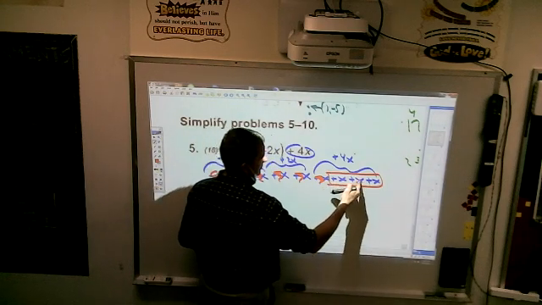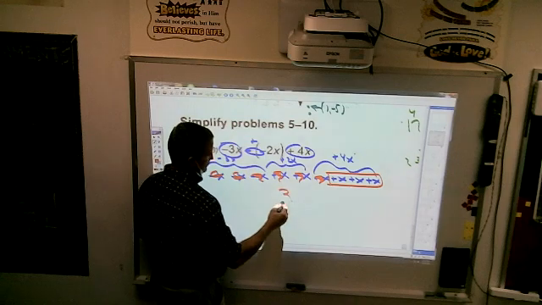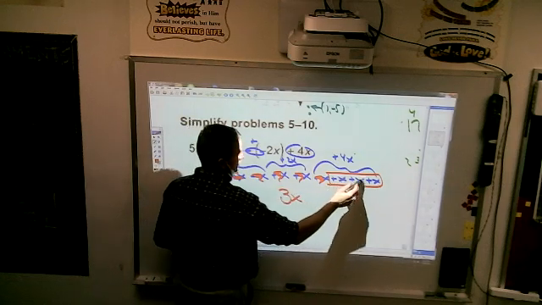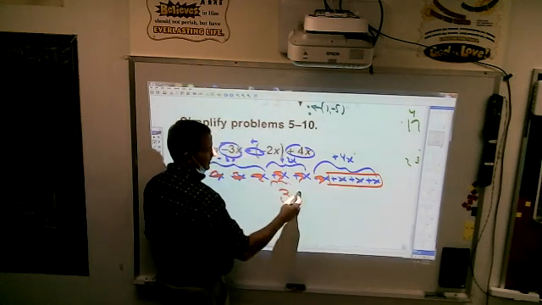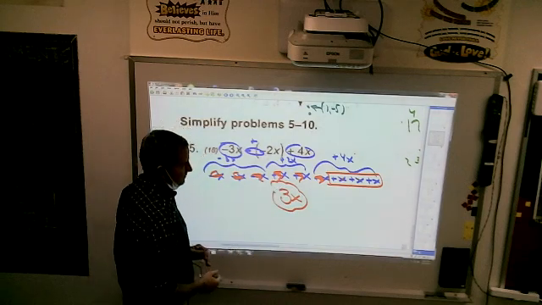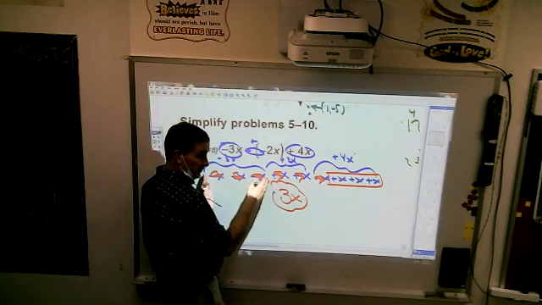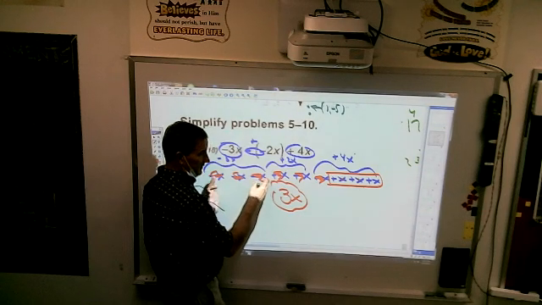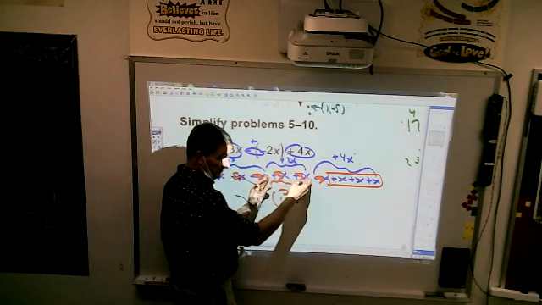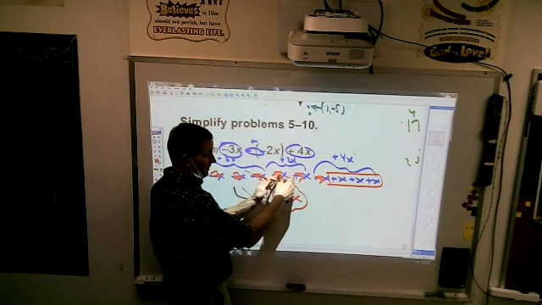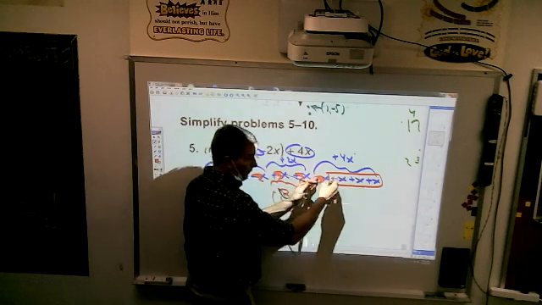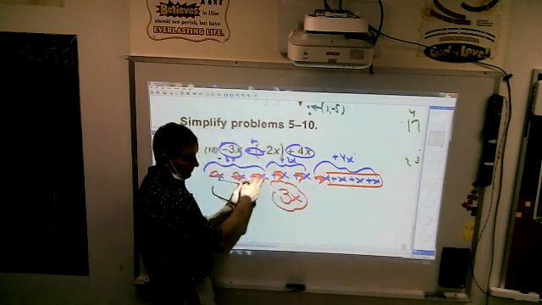How many x's are you left with? 4. Wait, how did that one cross off? Well, Kelly, there were 3 minus ones here, right? And this one only had 2 plus ones. So 2 of the 3 crossed off with this, and then 1 of the 4 left over here had to cross off with that other third one.